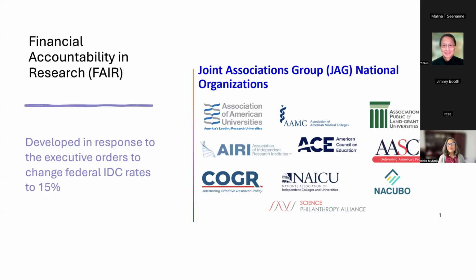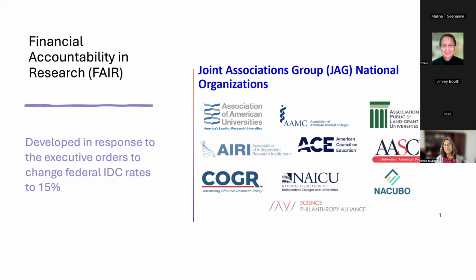They have been successful, but it's not clear if this change will be affected or not. I think it's still in the courts, and we're all just waiting to know what's going to happen.